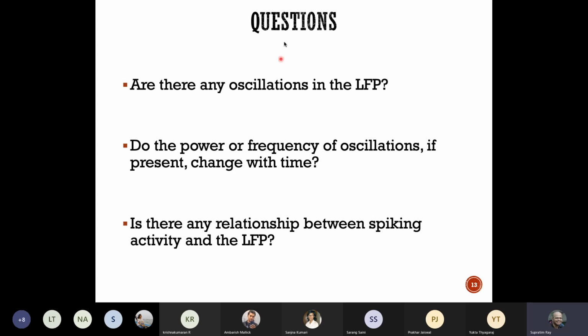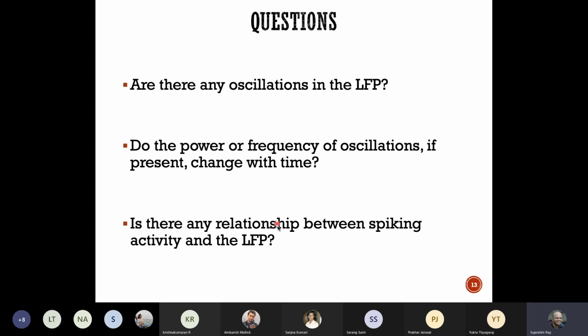So I want to know whether there are any oscillations in the local field potential. Next, if they are present, do the power or the frequency of these oscillations change with time? Is it coming on after the stimulus presentation, going away once the stimulus is taken off? Is it always present? Things like that.